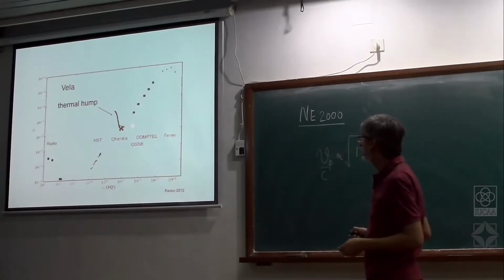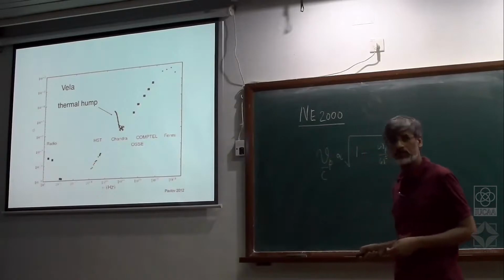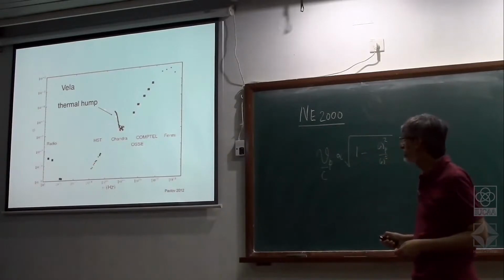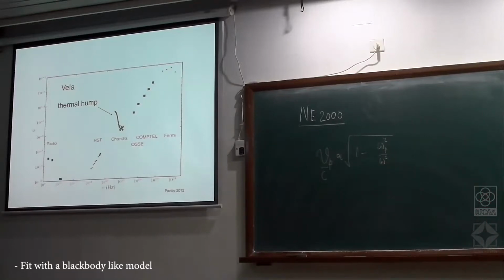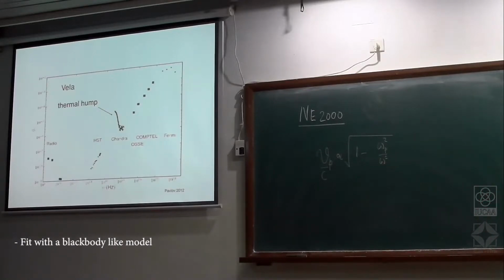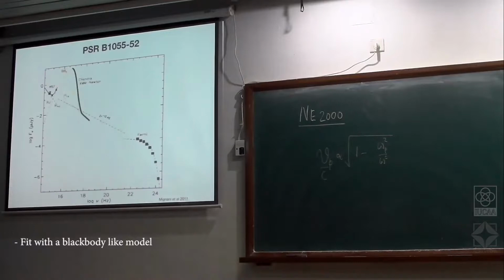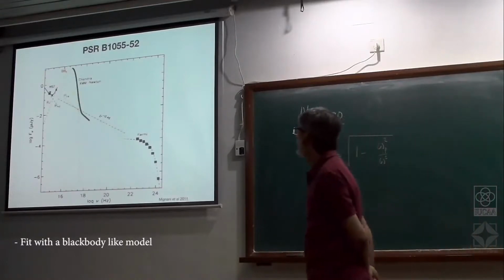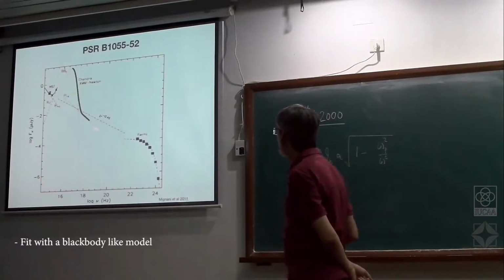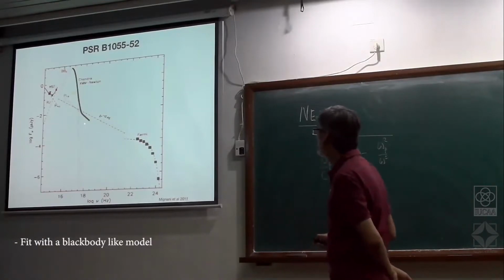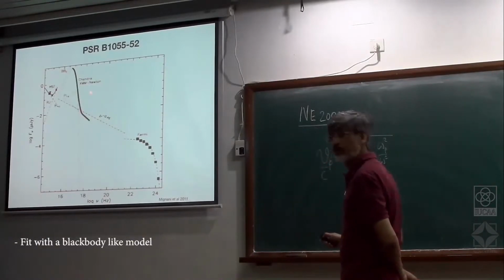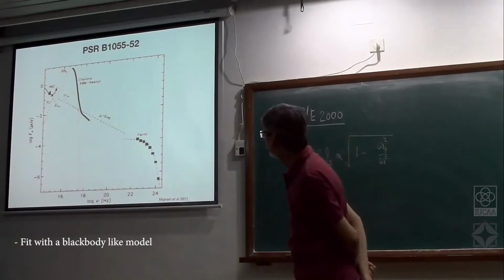So this is part of a non-thermal spectrum, and on top of that sits this thermal hump, which can be fitted by a black body like emission. There is one more object where, again, on top of this, this is not nu F nu, this is F nu. So you have this declining power law, and on top of that there is this thermal emission.